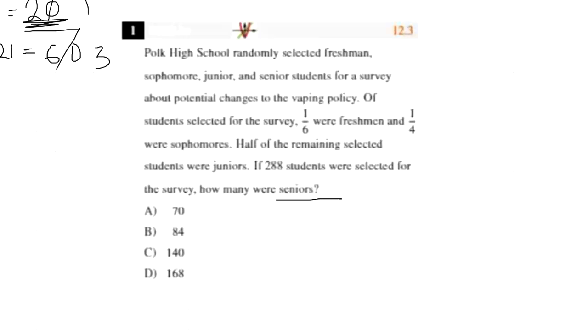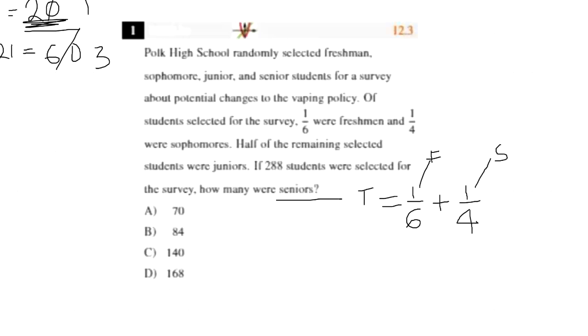So when you take total, you write your total is made up of 1/6 of freshmen plus 1/4 of sophomores.